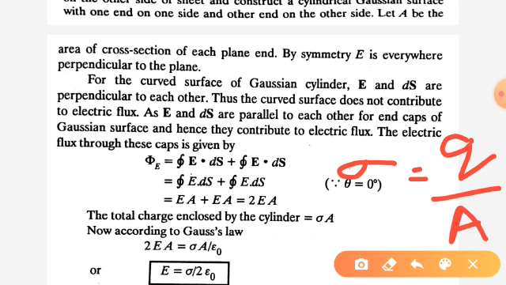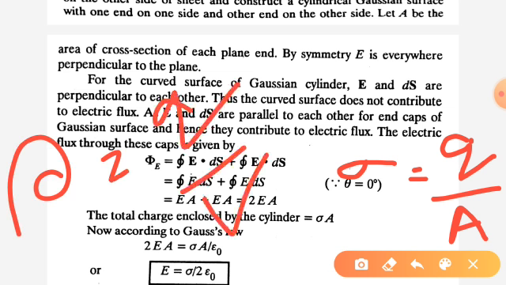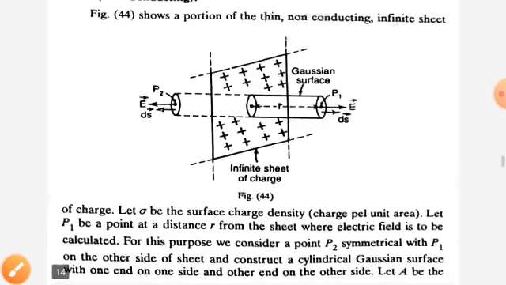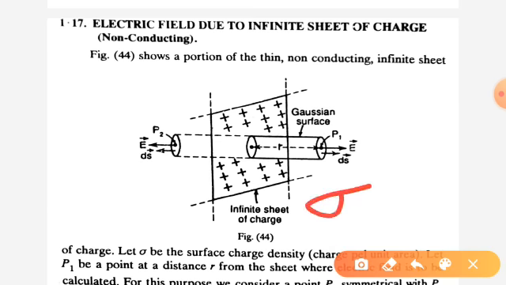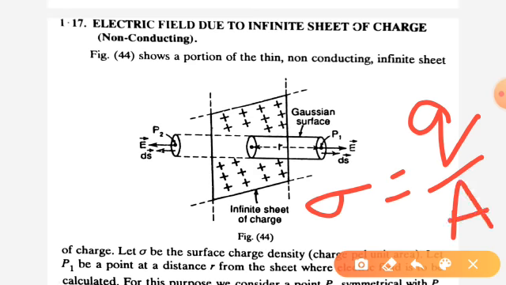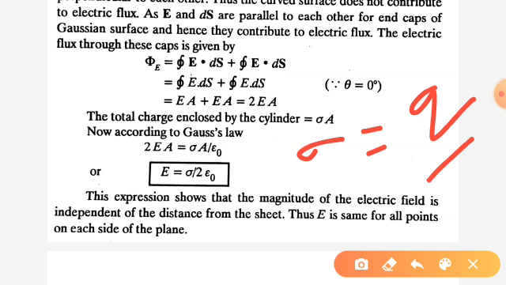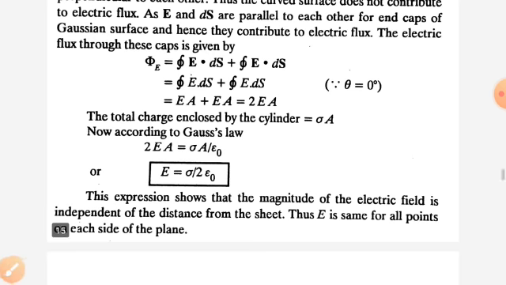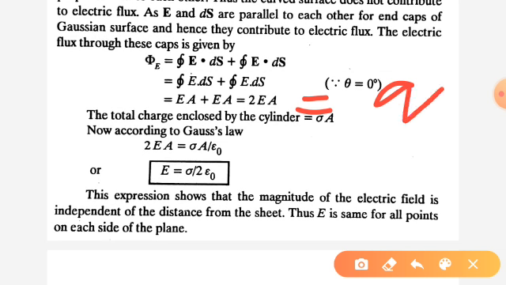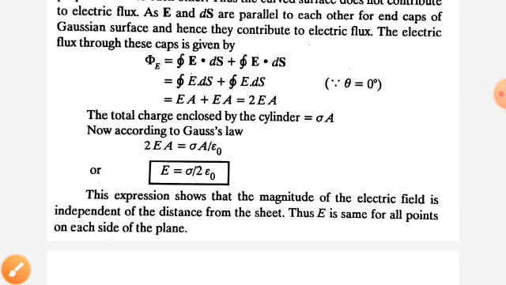But here we use sigma, the surface charge density, where sigma is equal to Q by A. In the case of the charged sphere, we used the volume charge density, rho equal to Q by V. But in this case it is a sheet, so we use the surface charge density sigma equal to Q by A. So Q is equal to sigma into A. According to Gauss law, phi is charge by epsilon naught, and here the charge is sigma into A. So E is equal to sigma by 2 epsilon naught.